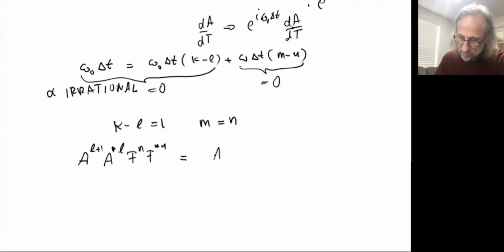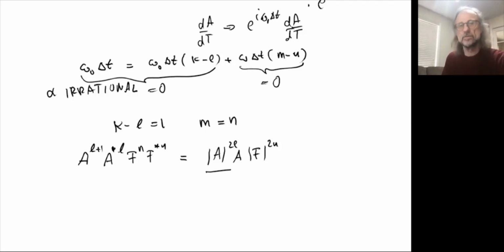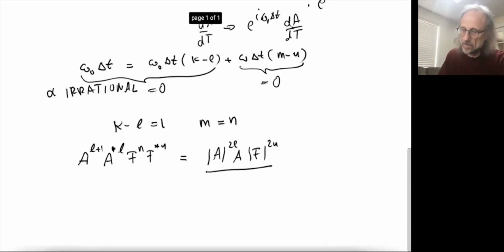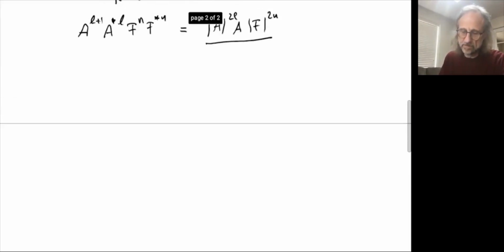It's A times absolute value of A to the 2L power, times absolute value of F to the 2N power. So that's the most general term that is possible in this case where the forcing is not related in its frequency to the oscillator.